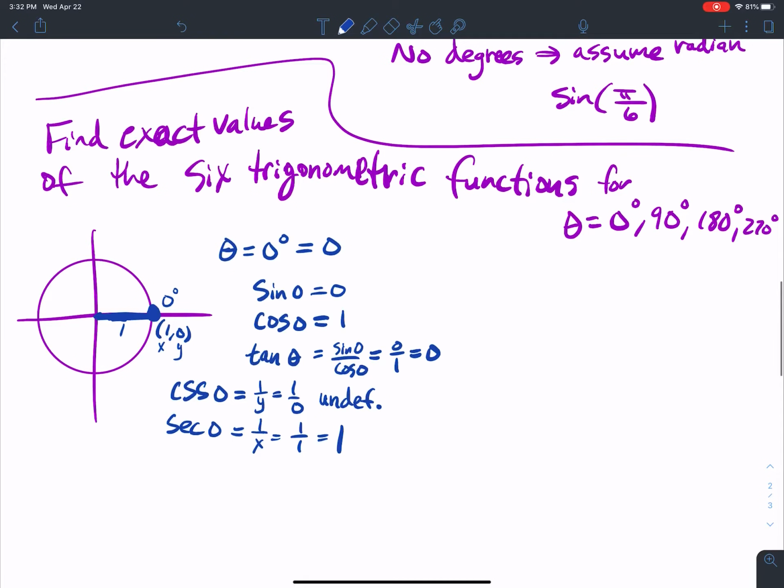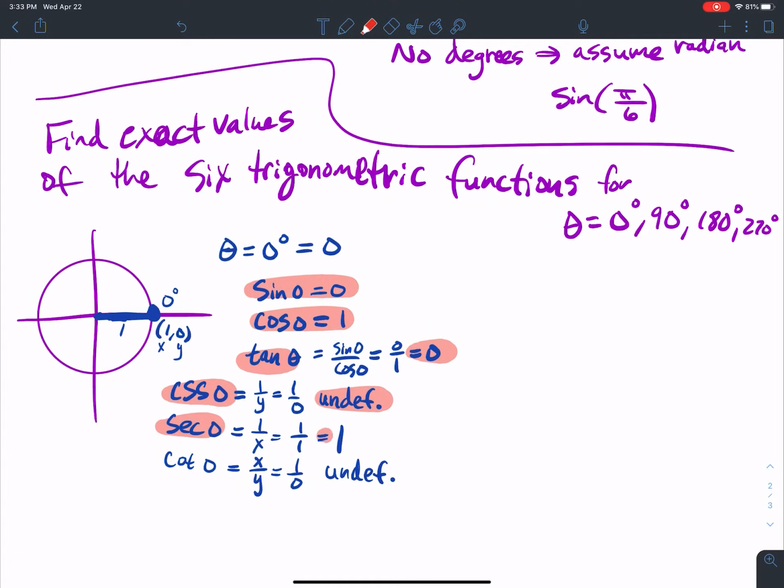And then cotangent of 0, I think it's x over y, which is 1 over 0, which is undefined again. Those are the six trigonometric functions evaluated at the first quadrantal angle.